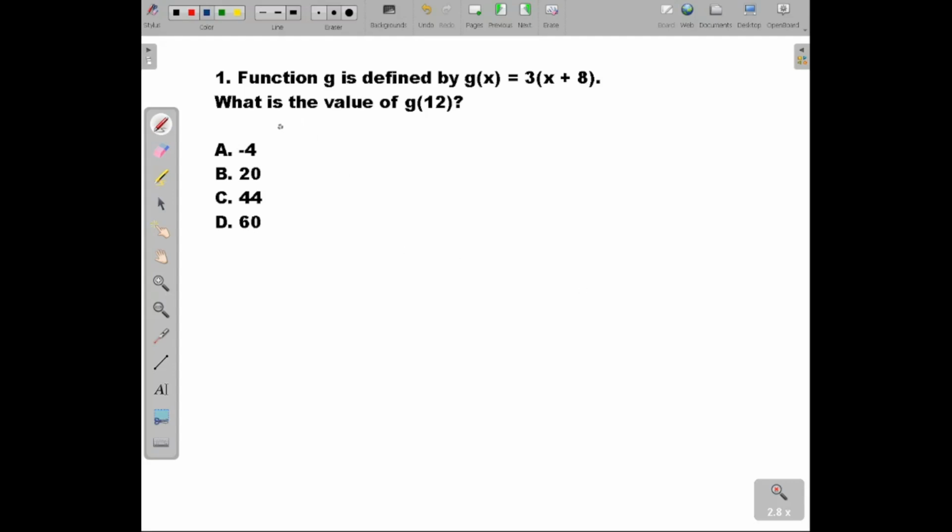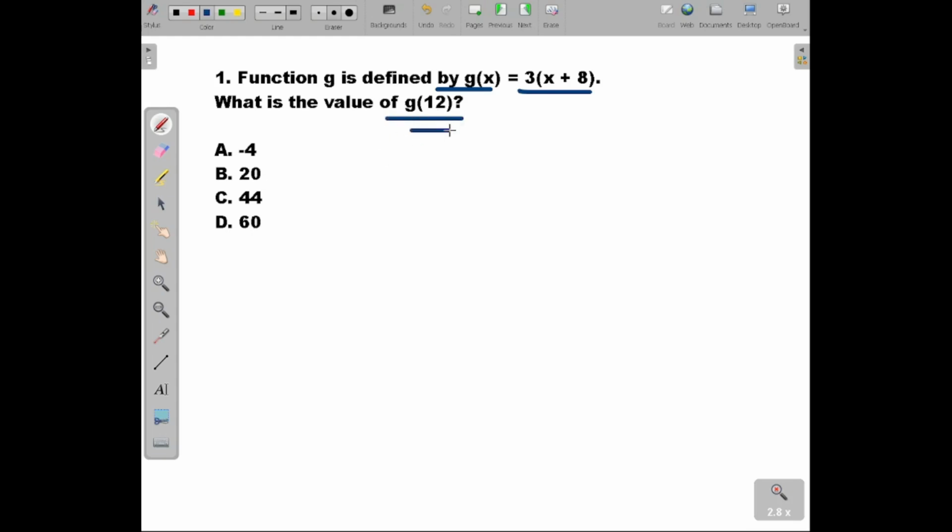Number 1. Function g is defined by g of x equal to 3 times (x plus 8). What is the value of g of 12?